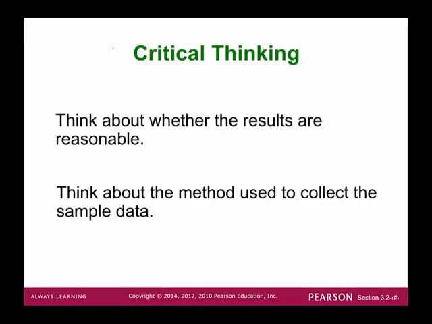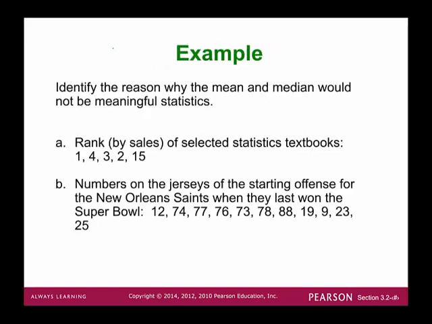So now sometimes you have to consider whether the results are reasonable. Say you calculate the mean, median, mode, but you need to be able to explain it, interpret it. For example, we have 2 different examples here: rank by sales of selected statistical textbooks. So here we can calculate the mean. Mean x bar equals summation of x over sample size.